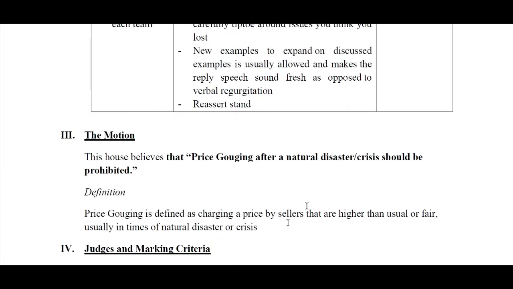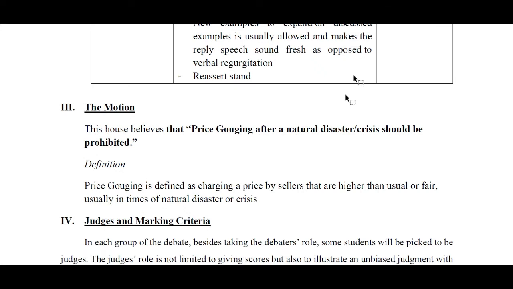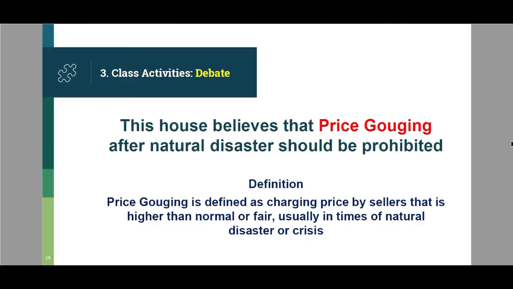So right now, let us start to look at the motion. The motion of the debate is: this house states that price gouging after a natural disaster should be prohibited.